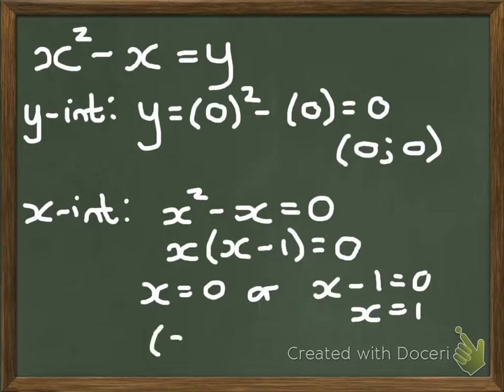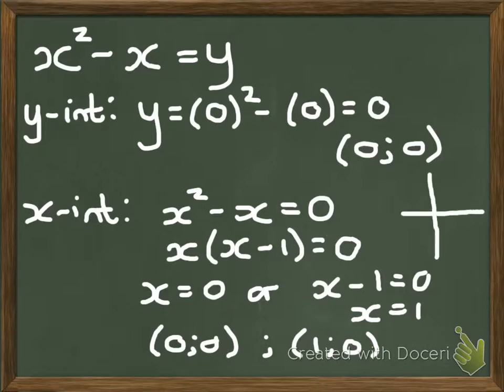That gives me two x-intercepts. So one is (0, 0), and the other one is (1, 0). We're not really going to be focused on drawing these types of graphs, but just for interest's sake, what that means is my graph goes through (0, 0) and through (1, 0), and in fact, it looks like that. You may remember from your lessons in class that that's called a parabola.